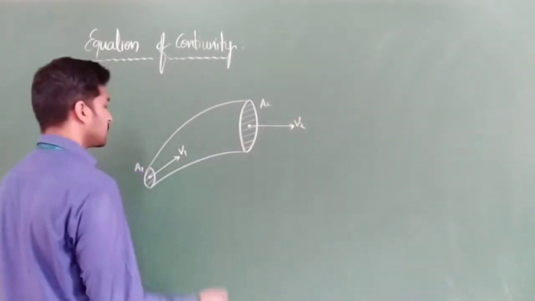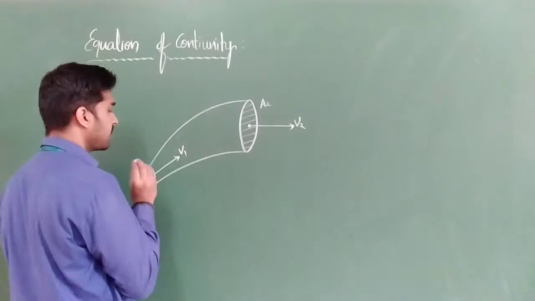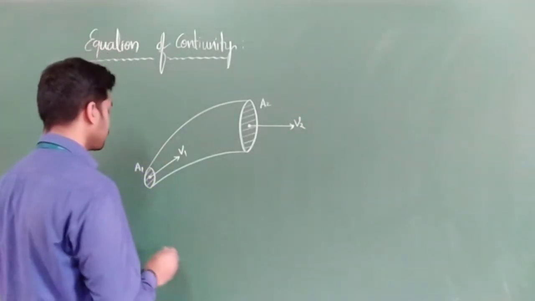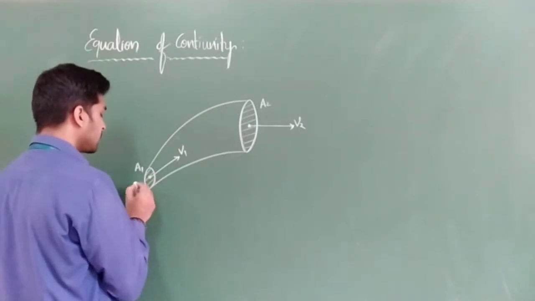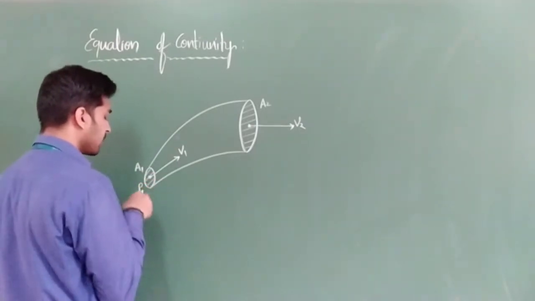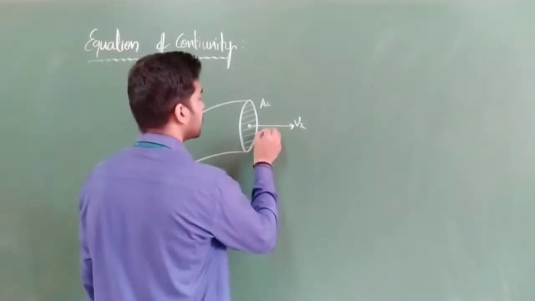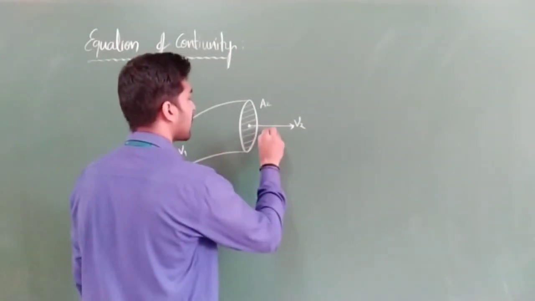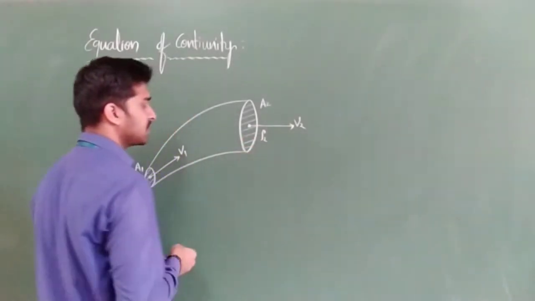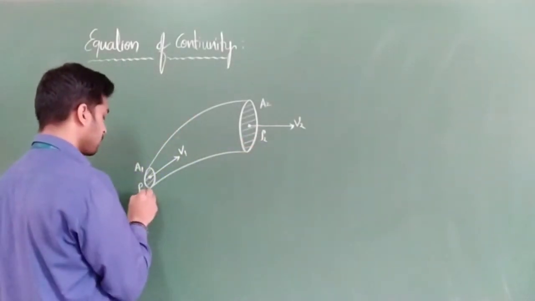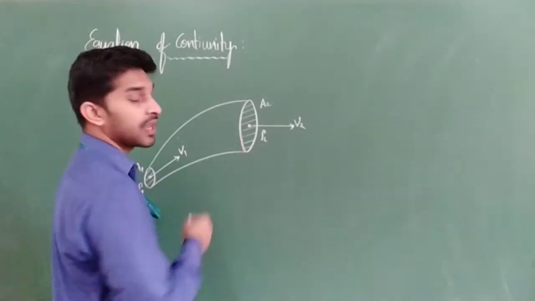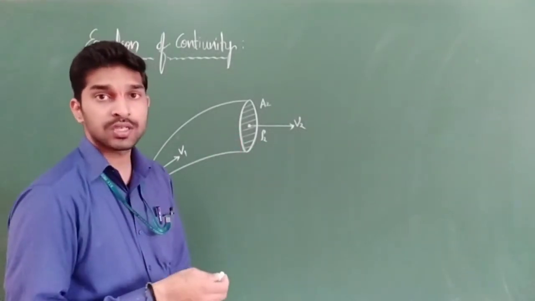So at this point velocity is v1 and at this point velocity is v2, and density here we are considering rho1 and here rho2. But finally, after deriving the equation, we will substitute rho1 equal to rho2 because the fluid is incompressible. We are considering an incompressible and non-viscous fluid. Clear?